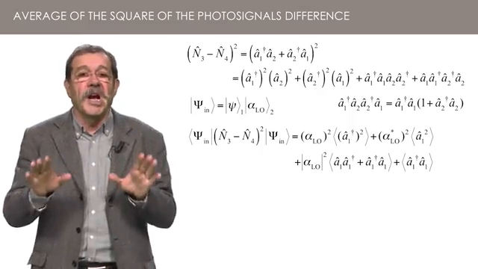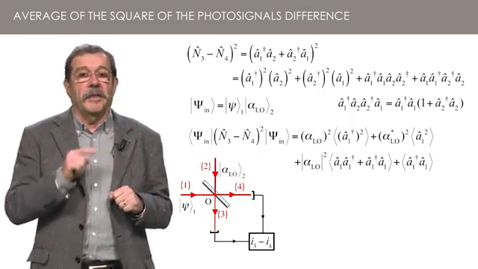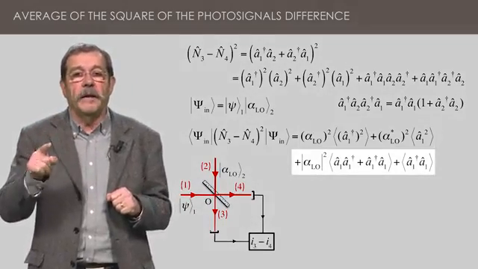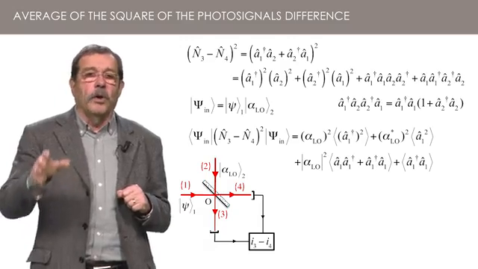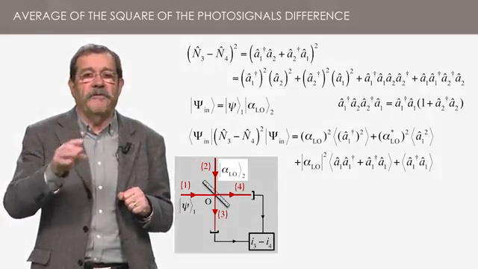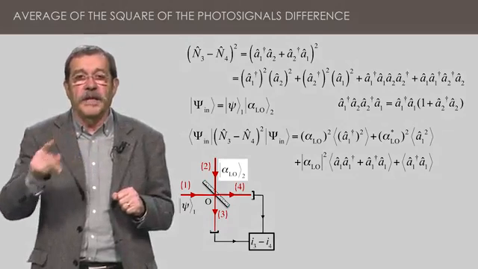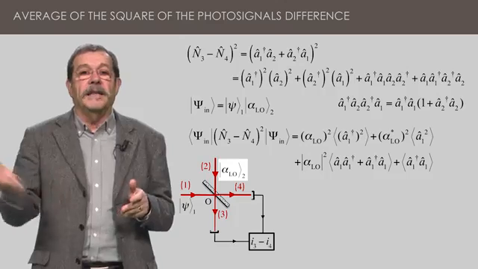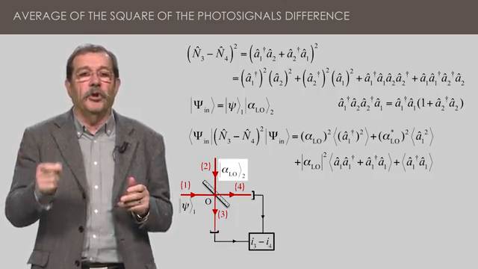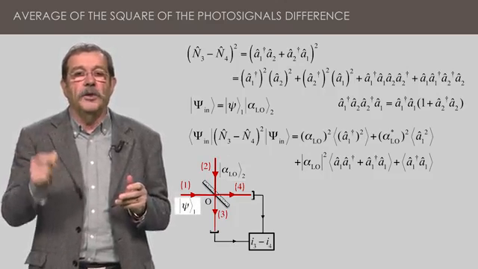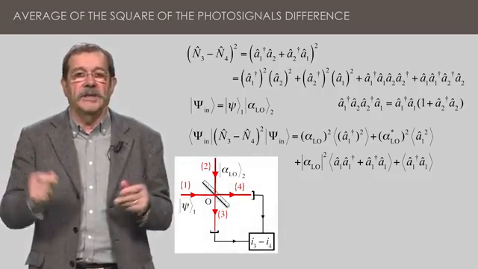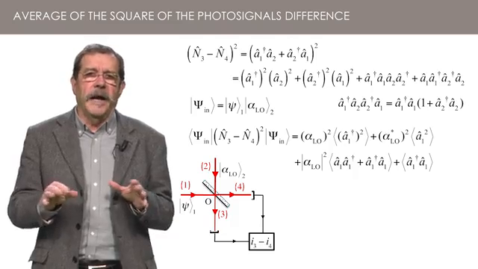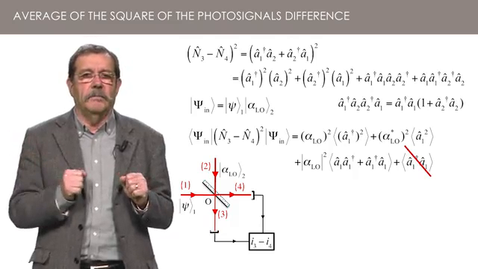Notice that the first four terms are greater than the fifth one by a factor equal to the square modulus of alpha LO, that is to say the number of photons in the beam of the local oscillator, divided by the number of photons in the state psi 1 during the measurement time capital T. That number is large compared to 1, and we can neglect the last term.